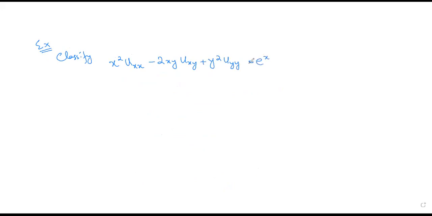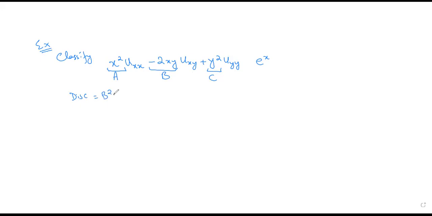This exponent of x is like the f function, but we don't need the value of f here. We are just concerned with the value of a, the value of b, and the value of c. The rest of the values are not used in finding the discriminant.